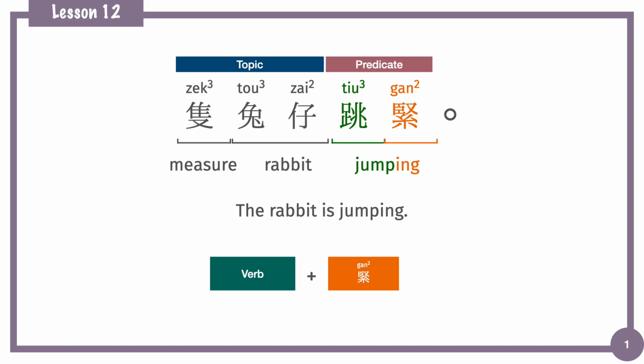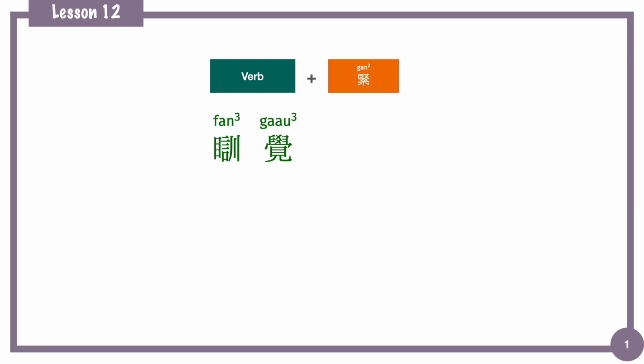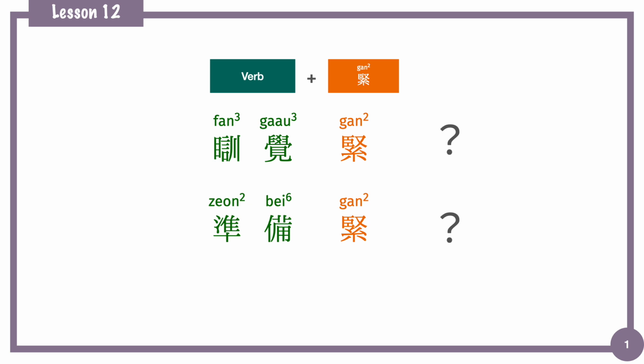But sometimes we have verbs with more than one syllable, like 瞓覺. 瞓覺 means to sleep. Can we just add 緊 after the final word, like 瞓覺緊 or 準備緊? The answer is it depends on which type of verb it is.